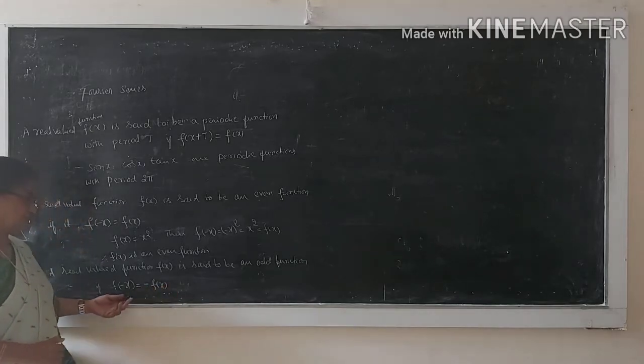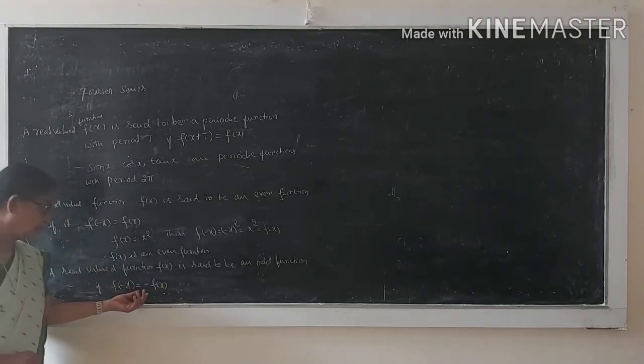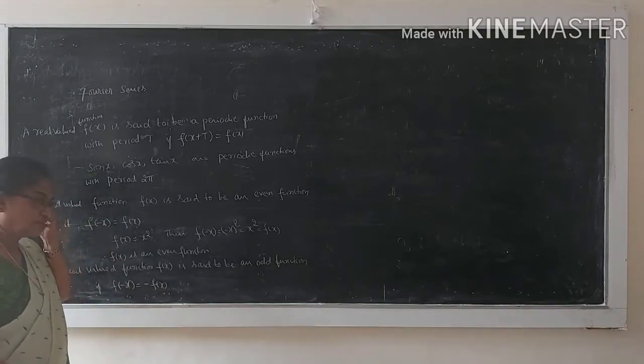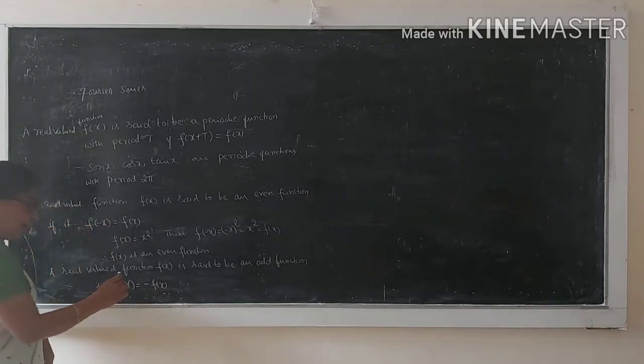If you replace x by minus x and a minus sign is attached to f of x, then we say that it is an odd function.